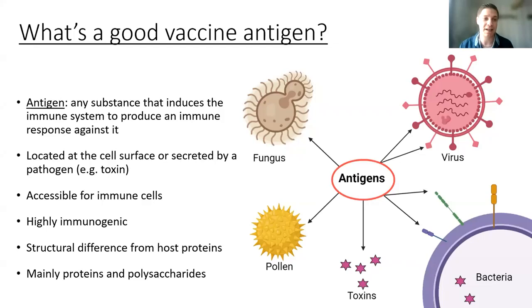A good vaccine antigen should be accessible for immune cells and obviously be highly immunogenic to be very effective. It has to have a different structure from the host proteins, and such antigens are mainly proteins or polysaccharides.